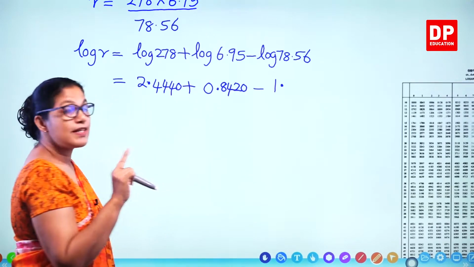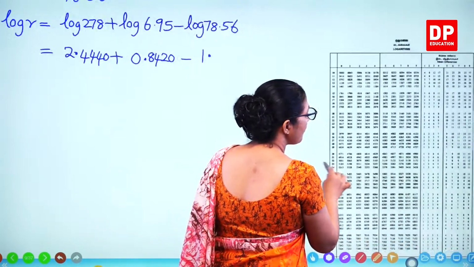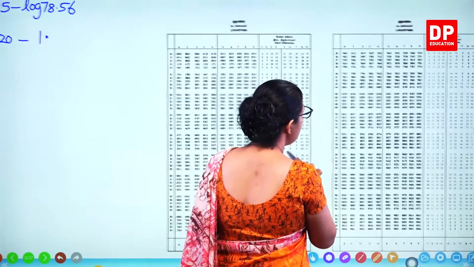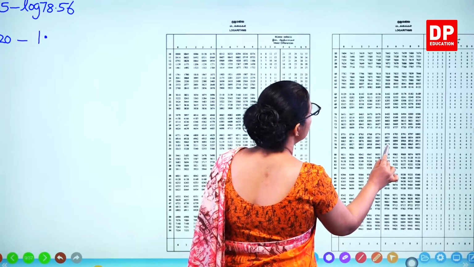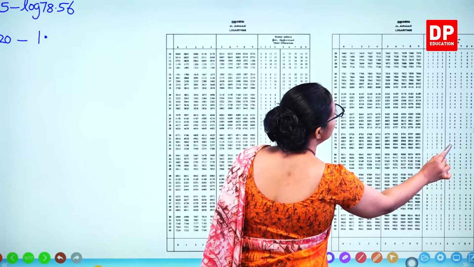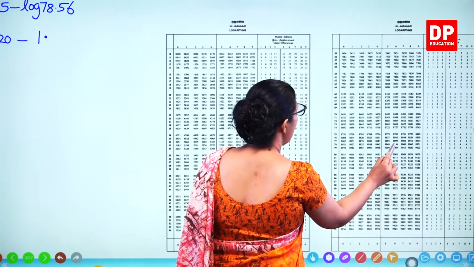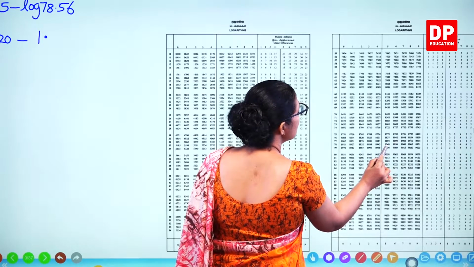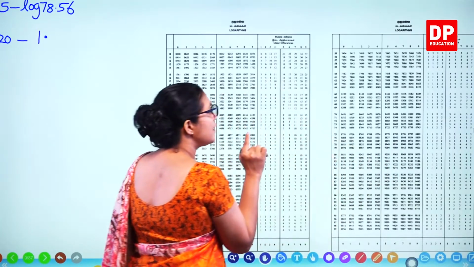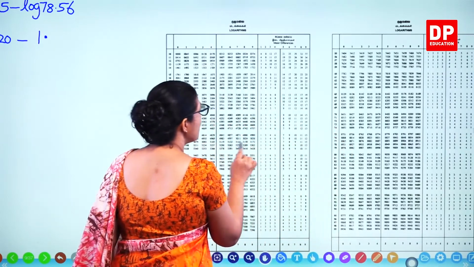And then 78, 5, 6. You have to add 3 to that, 78, 5. So when you add 49 and 3, 8952.